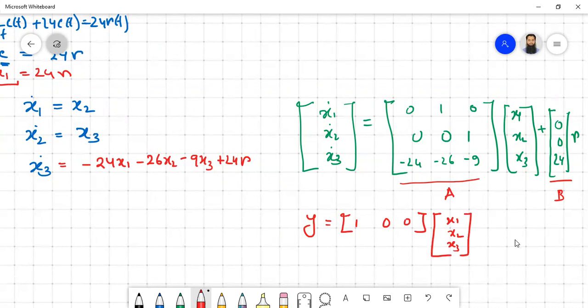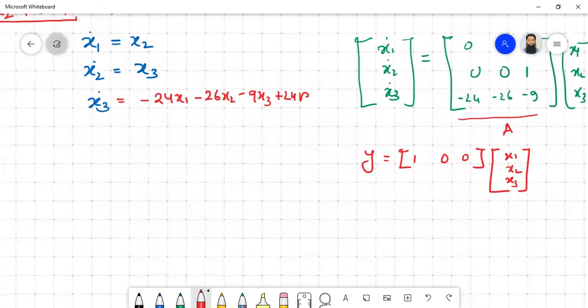Now, if you want to draw the block diagram based on this state space representation, then we have 3 state variables, x1, x2, x3. So x3 dot, then you have x3, then you have x2, then you have x1. If you integrate x3 dot, you get x3.